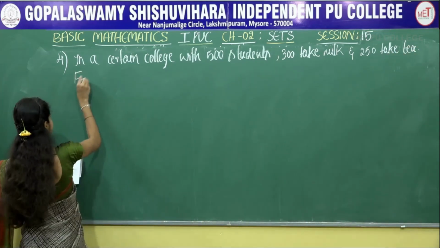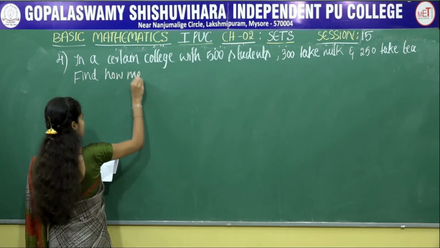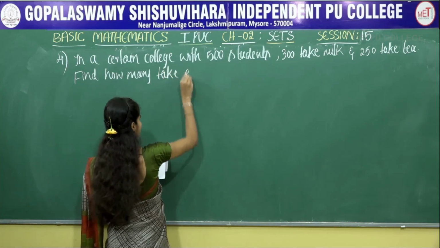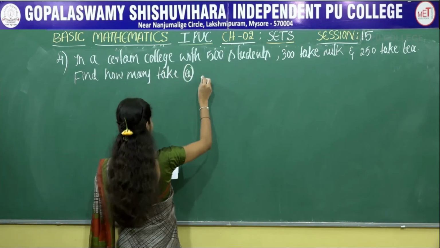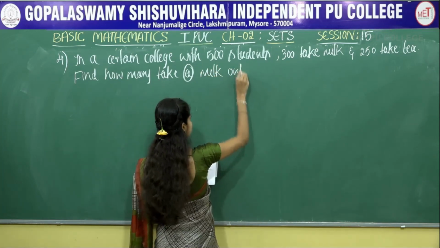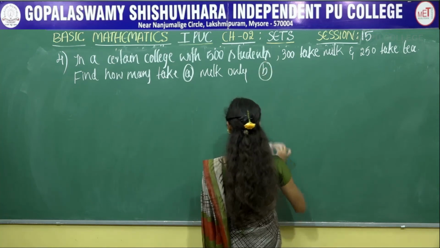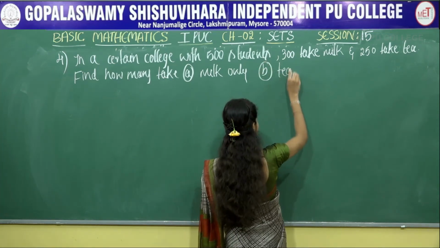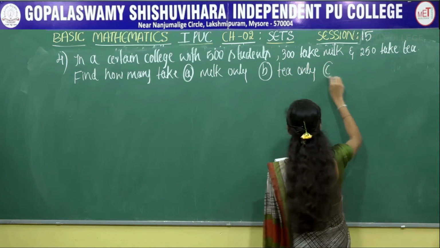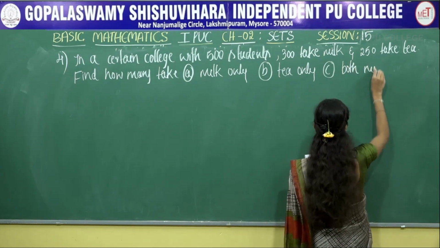Find how many take: sub question A, milk only; sub question B, tea only; C, both milk and tea.